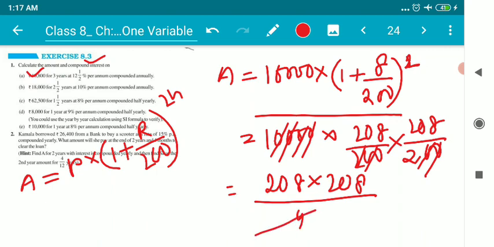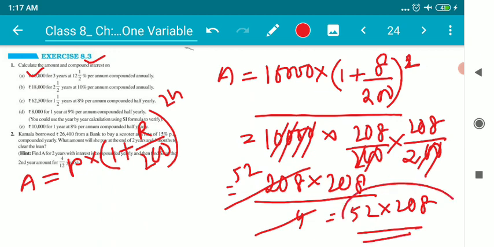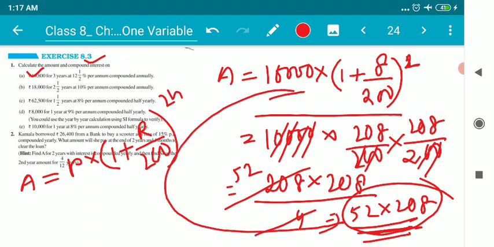If I cancel it, 4 fives are 20, 4 twos are 8. I'll multiply 52 and 208 and I'll get the amount to be paid. And whatever comes, if I subtract the principal from there, I'll get the compound interest, how much is to be paid extra. So children, this is how we have to deal with such kinds of questions. I hope it's very clear.